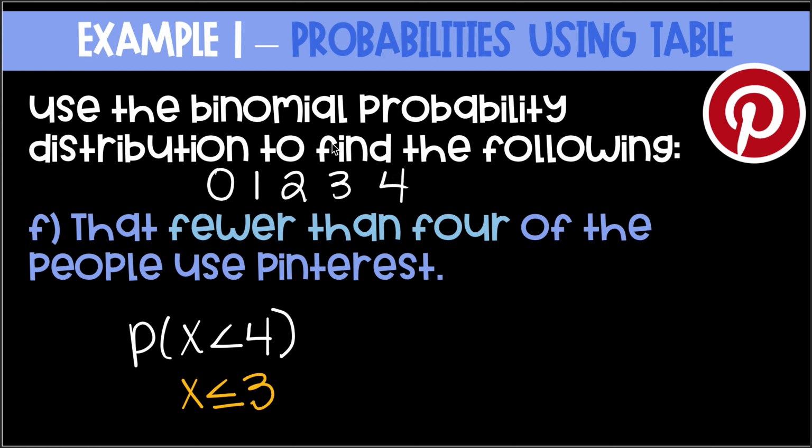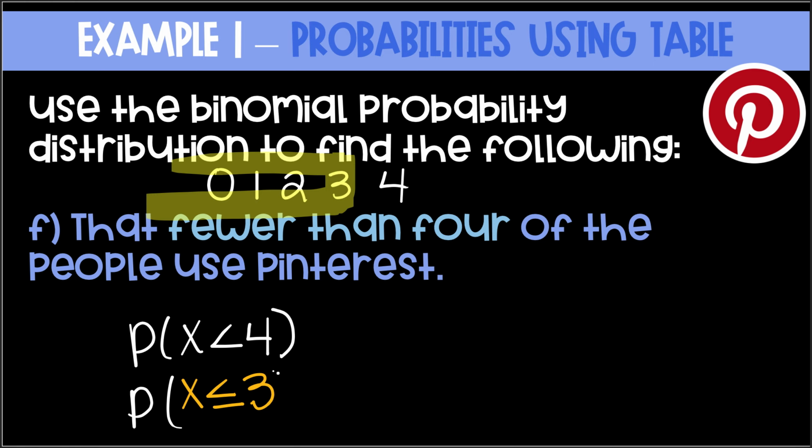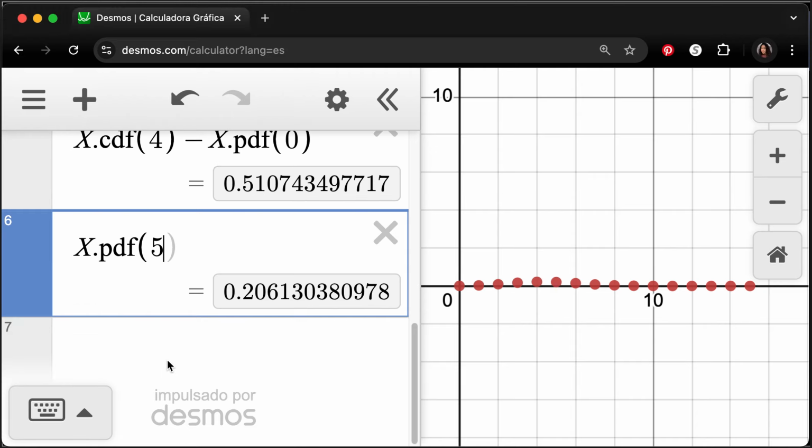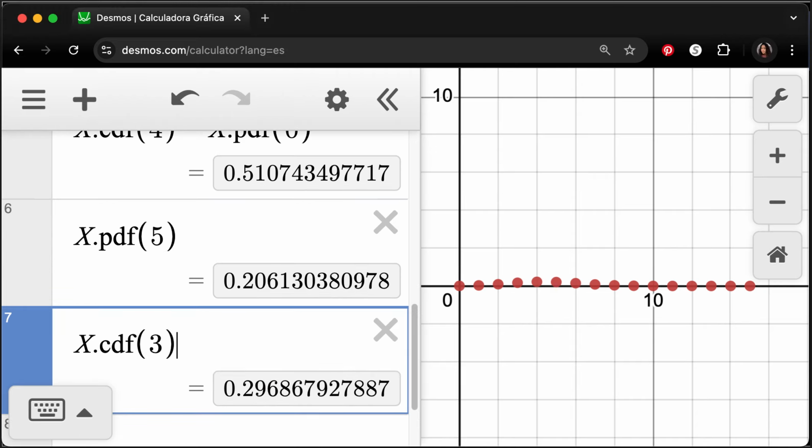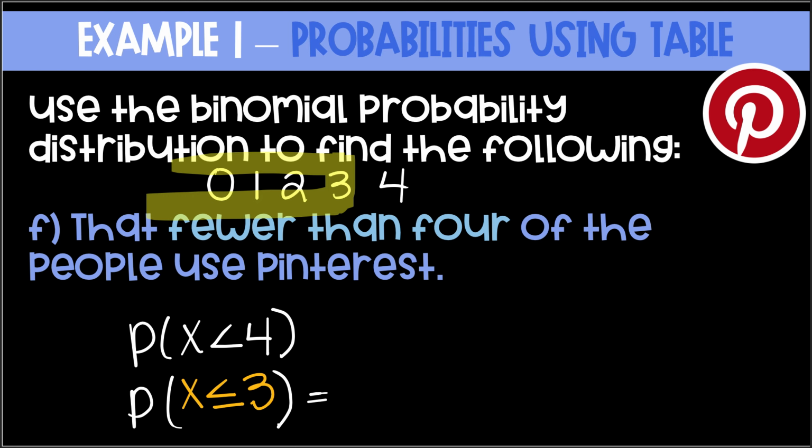I'm looking for the probability of 0 or 1 or 2 or 3, but not 4, because fewer than 4 is 3 or less. So I'm going to use the command CDF 3. 0.69%.